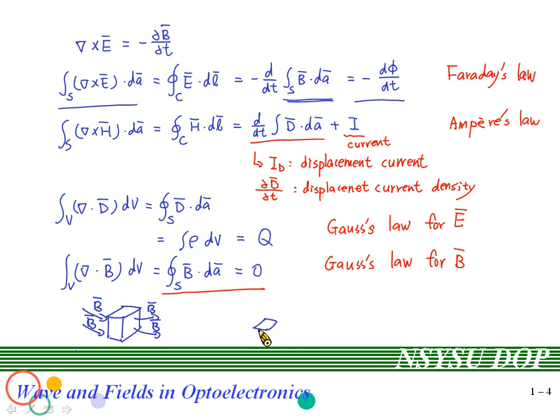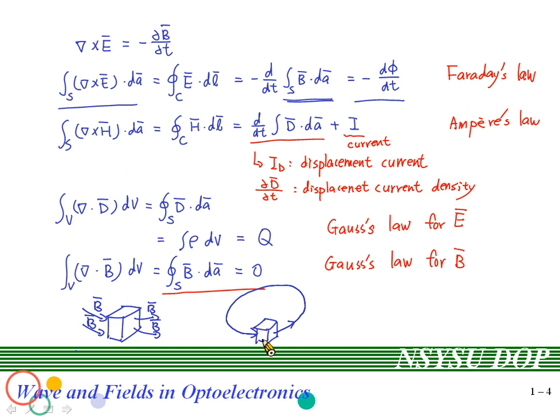This means that if you have a magnetic field line outside the volume, the same magnetic line will go back into the volume. And this means that the magnetic line is a closed loop.